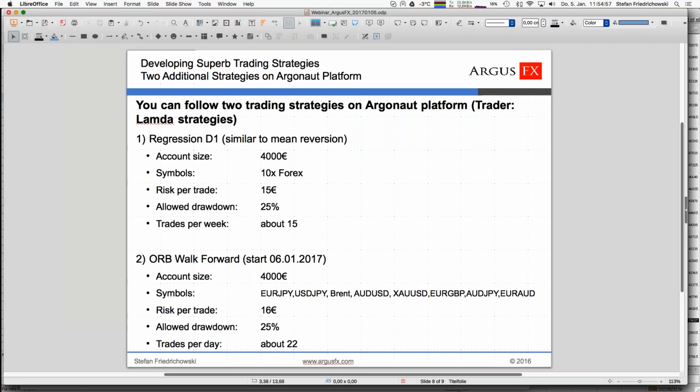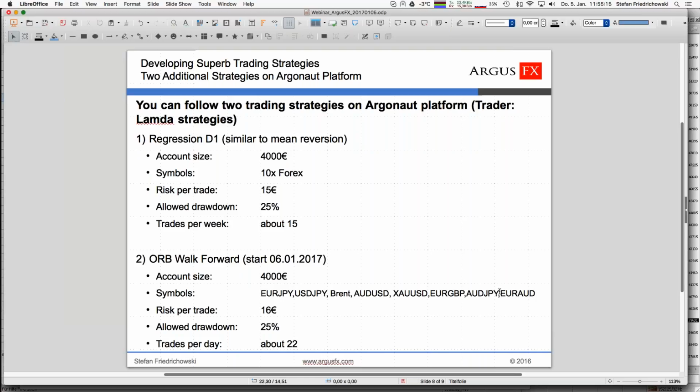It's a portfolio of 8 different underlyings. The risk per trade is 16 euros, and the allowed drawdown for the strategy is once again 25%. The trading activity is about 22 trades per week.